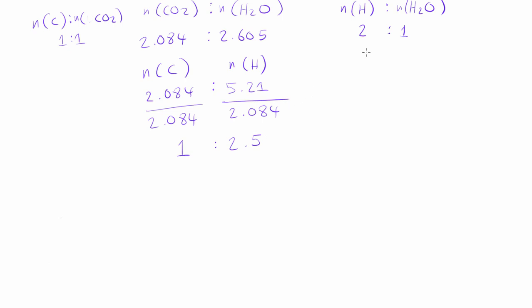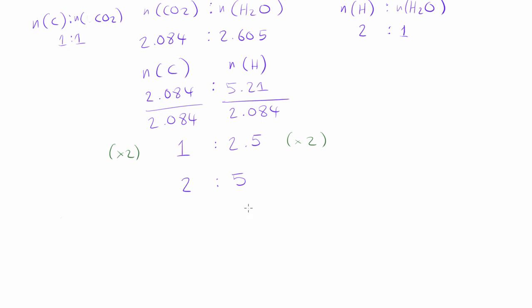The next step is to look at progressively multiplying both sides by a number which will give both sides a whole number ratio, right? The first number we could try is just multiplying both sides by 2, okay? So I'm just going to multiply this by 2, multiply it by 2. If we do that, we're going to get 2 here, and 5 here.